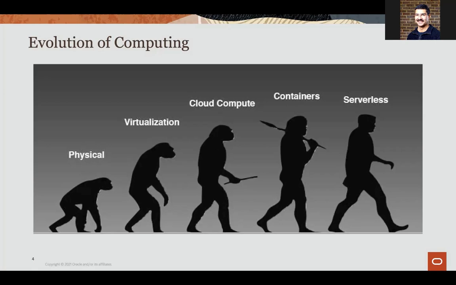In the cloud computing era, which actually started 15 years back in about 2006, it was all about distributed and elastic computing for applications. Containers and serverless further exploit the benefits of cloud's distributed and elastic computing properties.